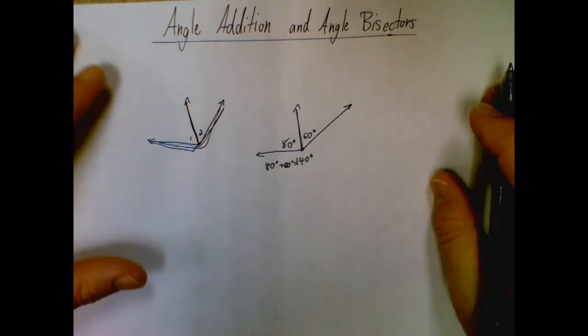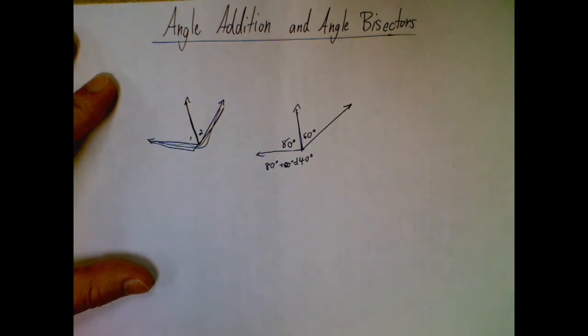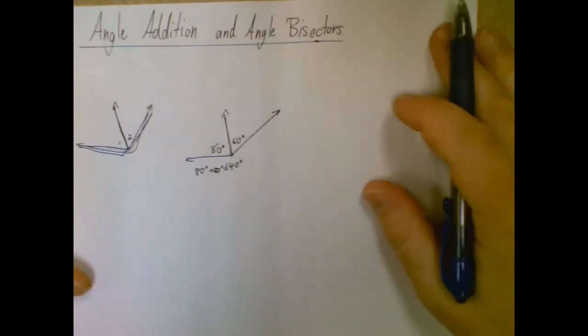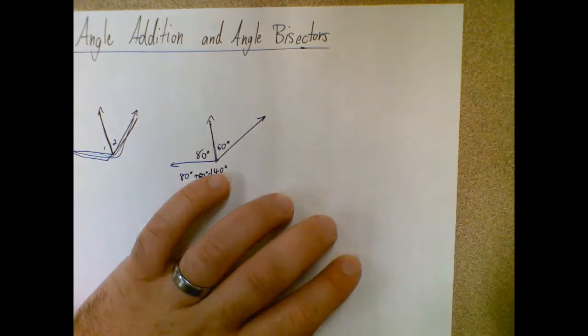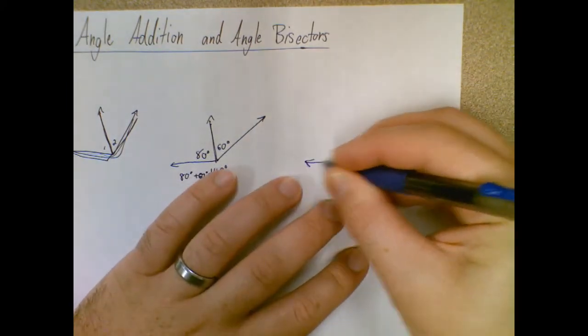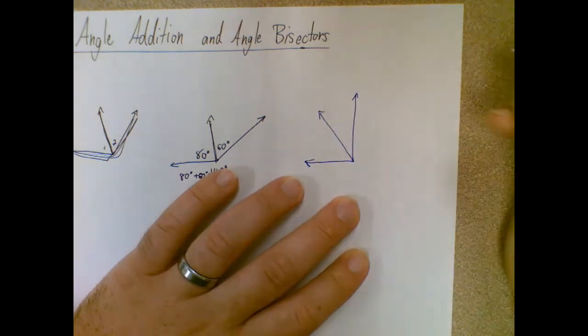But there are a couple special cases that do happen here. They're special numbers, but we're not really going to get into why they're special at the moment. What happens if I have angles that make right angles?